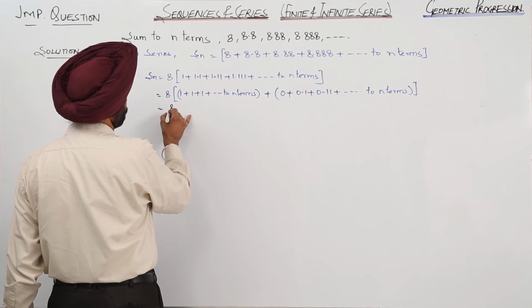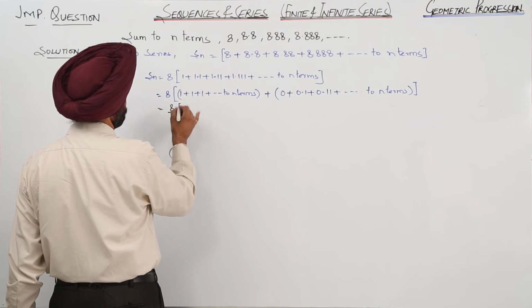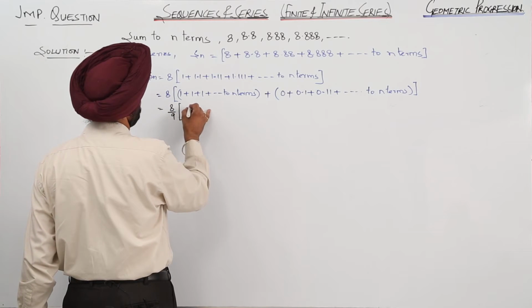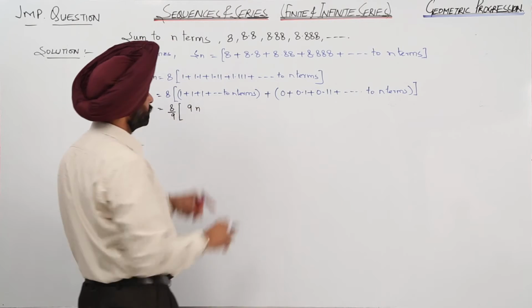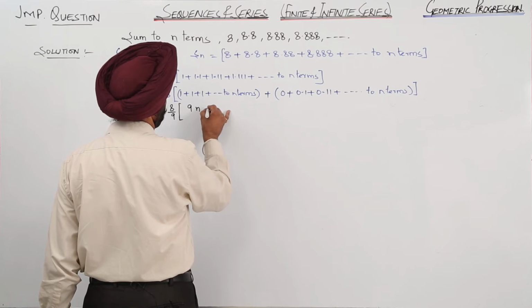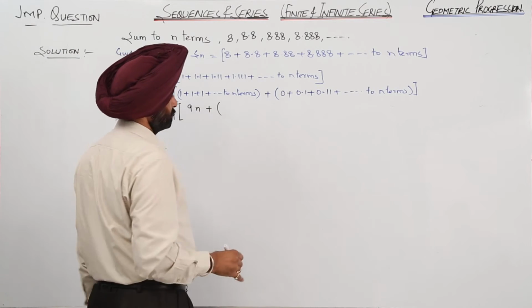Now multiplying by 9, this becomes n terms, so 9 times n, plus, now look here.